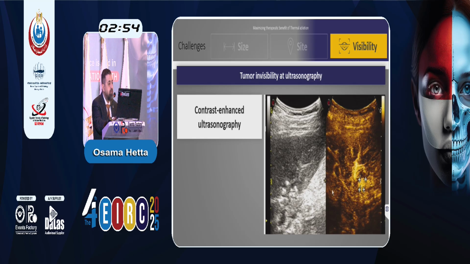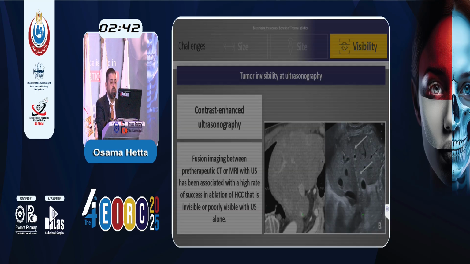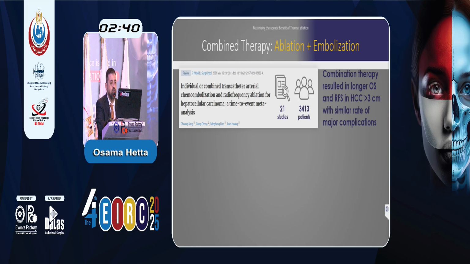Tumor visibility can also be achieved by contrast-enhanced ultrasonography or fusion images of CT and MRI pre-ablation with ultrasound to improve the visibility of the tumor.